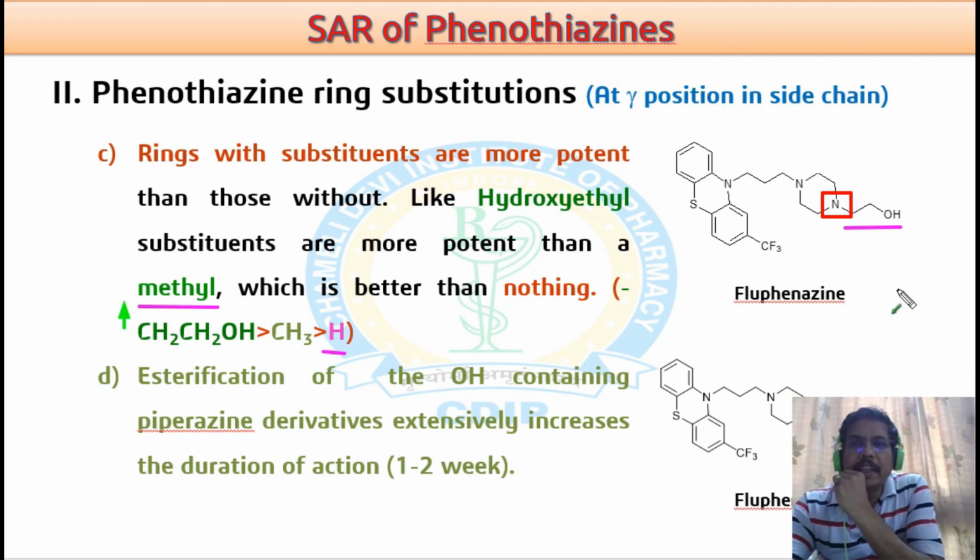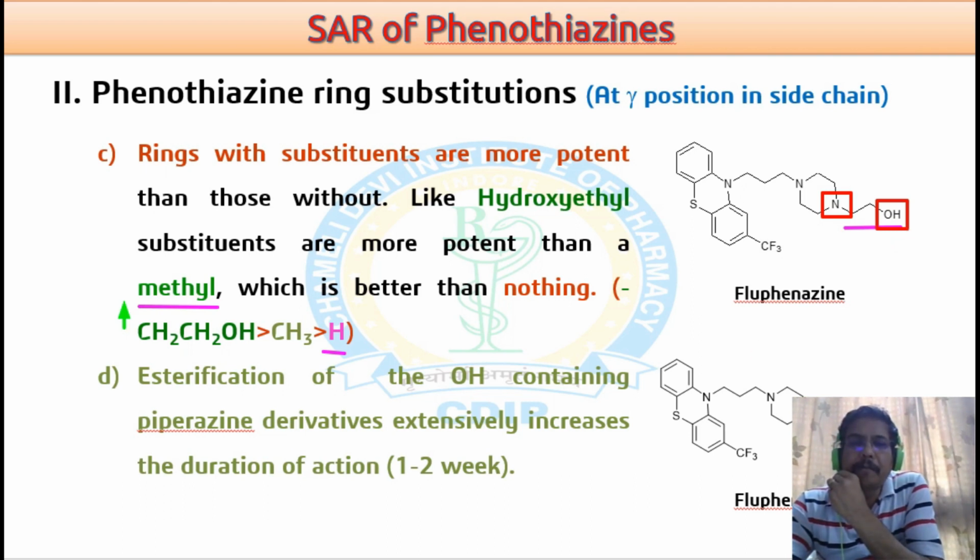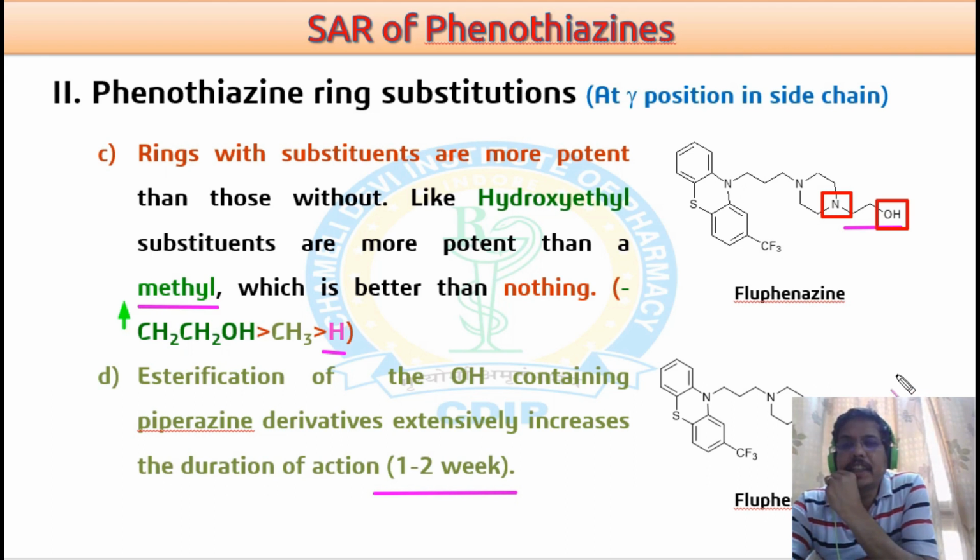Again, if the hydroxy group is there, then there is the possibility of esterification. And if we go for esterification of this hydroxy group with a carboxylic derivative, then the shelf life is increased, meaning the duration of action is enhanced, if it is the heptanoic acid ester.